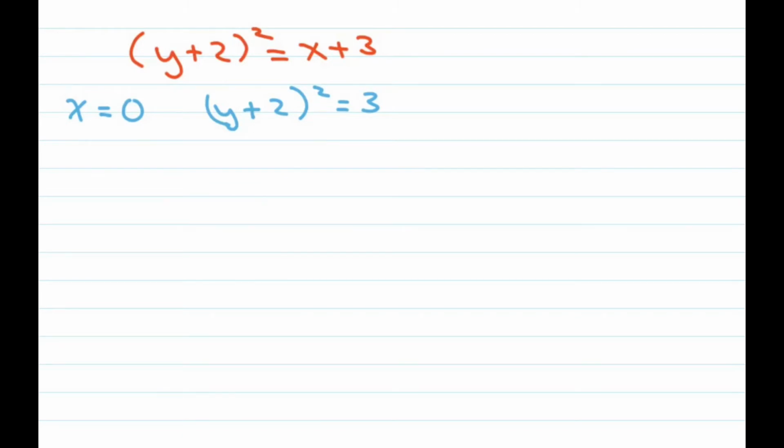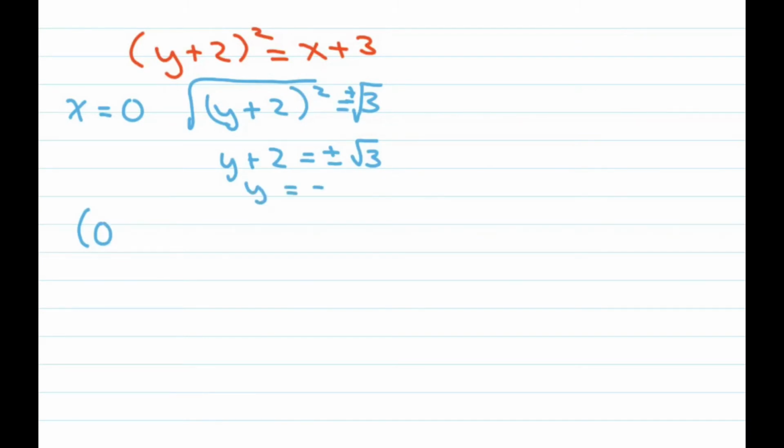So when you square root both sides, don't forget your plus and minus, you get y plus 2 equals plus or minus square root of 3. So when x is 0, what you're going to do is just subtract the 2. So it's going to be negative 2 plus or minus square root of 3. You could write it out if you want. Just remember, square root of 3 is approximately 1.73.